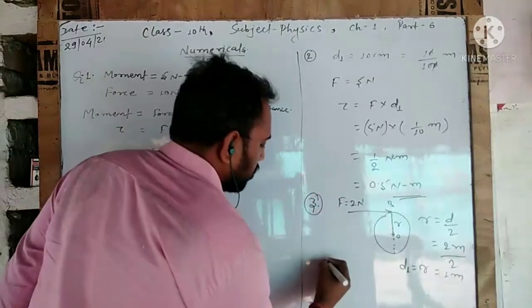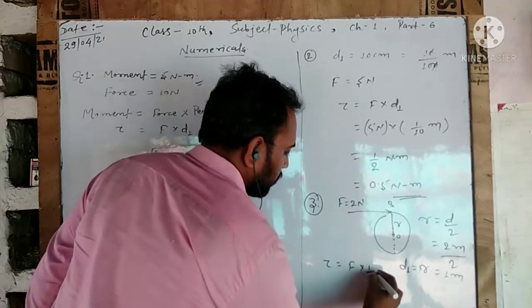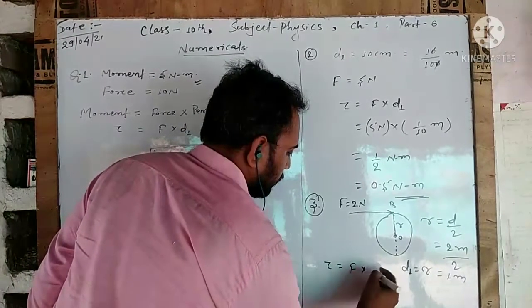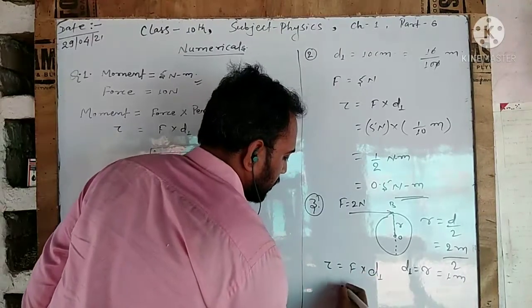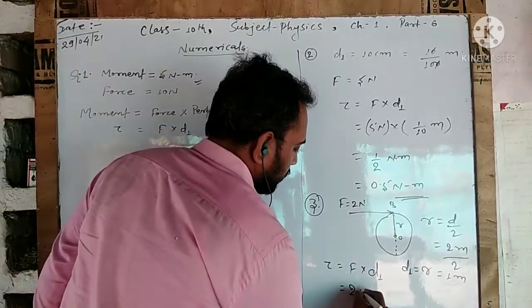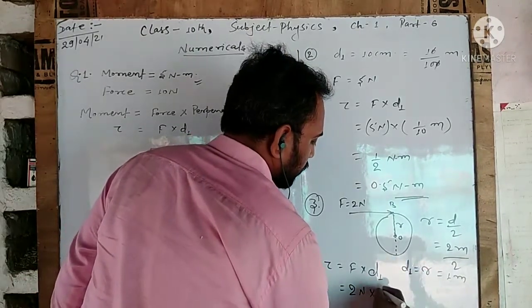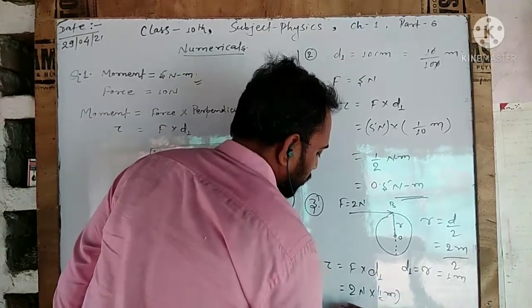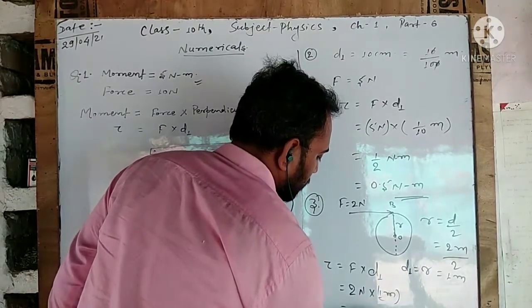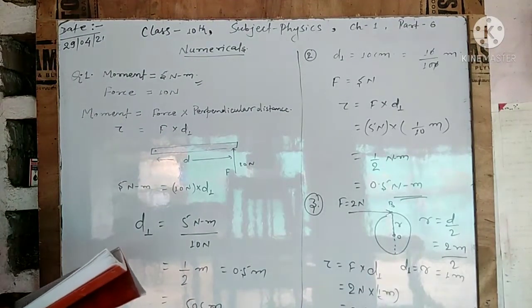So torque equals force into perpendicular distance: 2 Newton into 1 meter, that will give you 2 Newton meter.